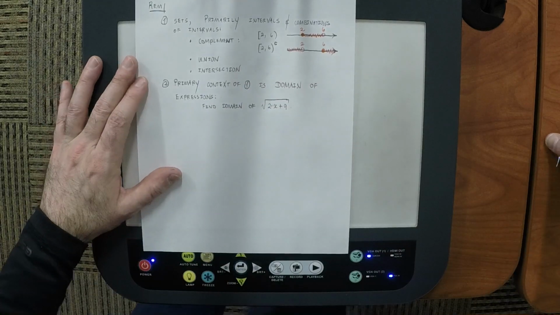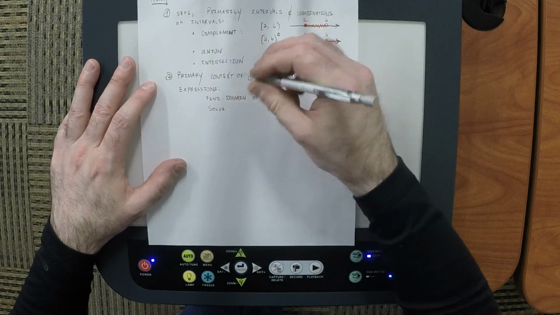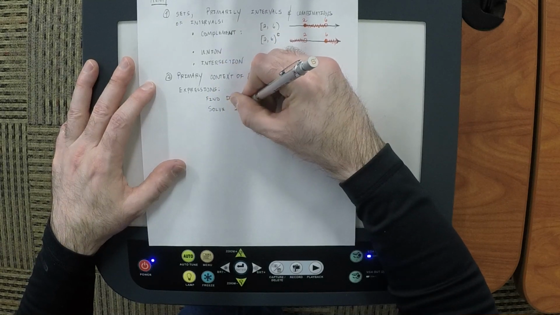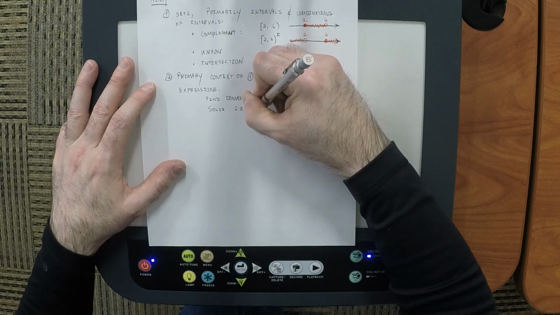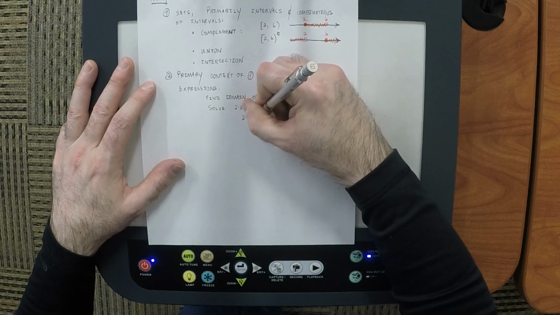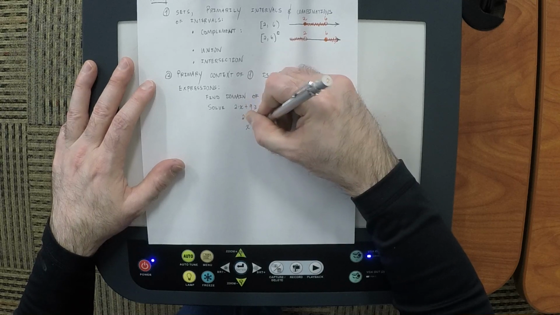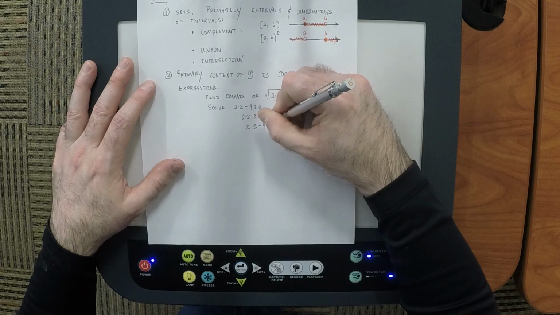Okay, so we could do a brief calculation, which basically comes down to we need to solve 2x plus 9 greater than or equal to 0. So that's 2x is greater than or equal to -9, so x is greater than or equal to -4.5.